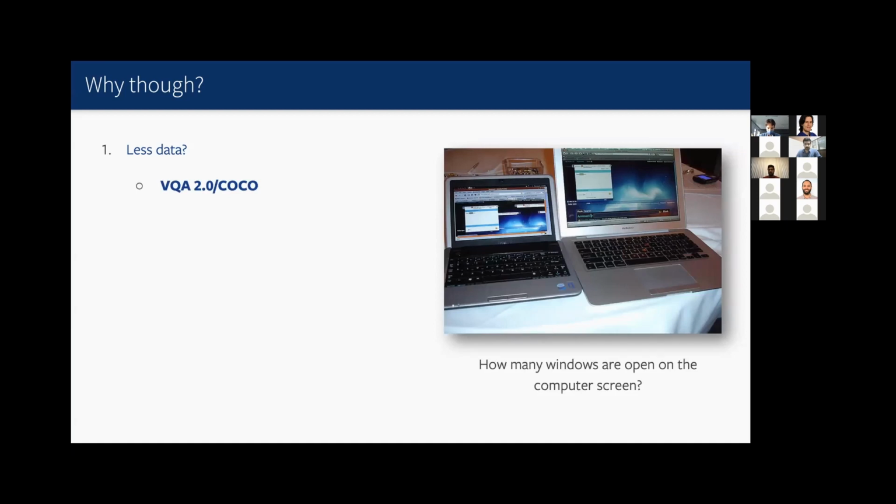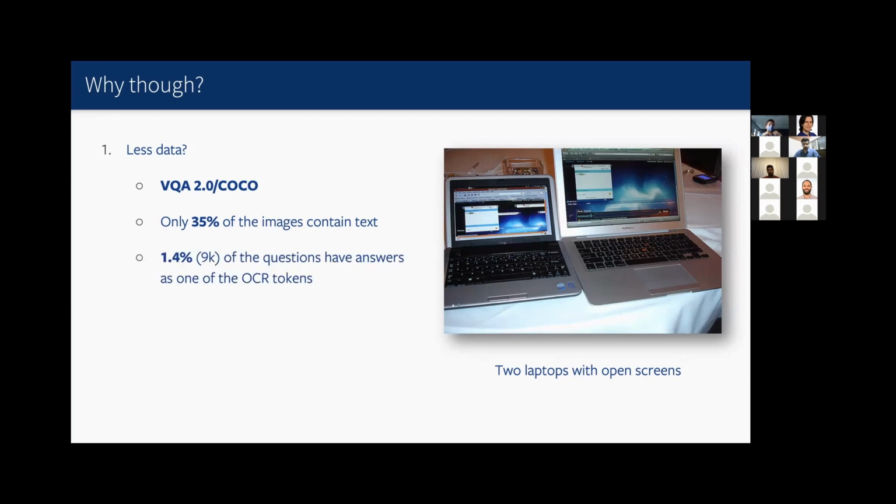We checked the current datasets, VQA 2.0 and COCO, which were the standard training datasets for VQA as well as captioning. The questions don't really focus on text in any sense. Only 35% of the images contain text inside the COCO dataset. And even further, only 1.4% of these questions have answers that are one of the OCR tokens detected there.